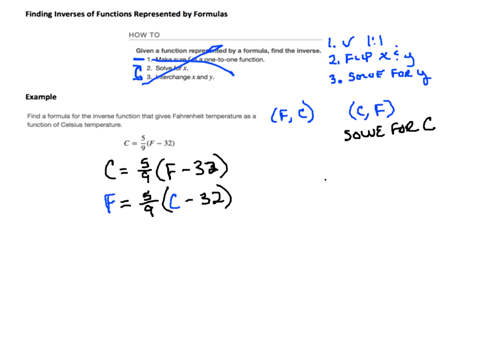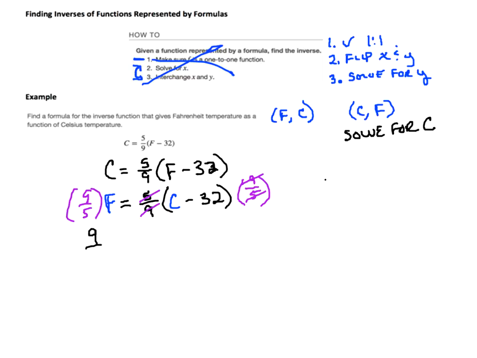Yeah. Okay. So first of all, I want to get rid of this fraction by multiplying by its multiplicative inverse, which is 9/5. And I have to do that on both sides. So here's why I did that. 5 divides by 5, 9 divides by 9.